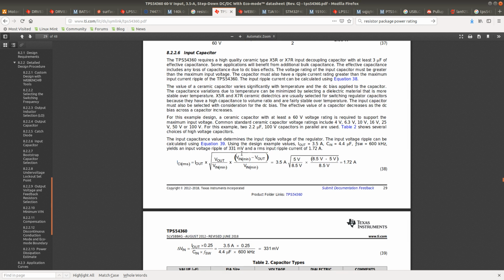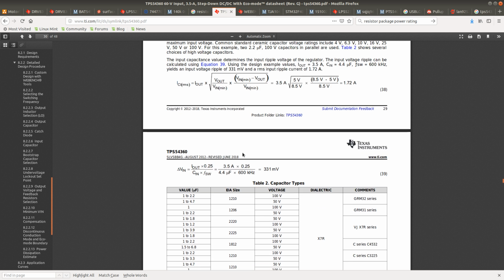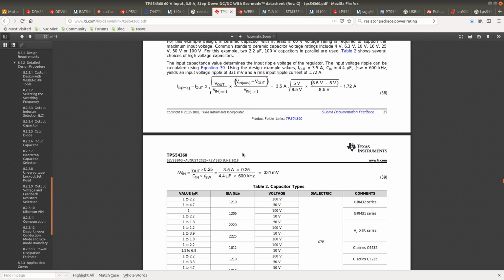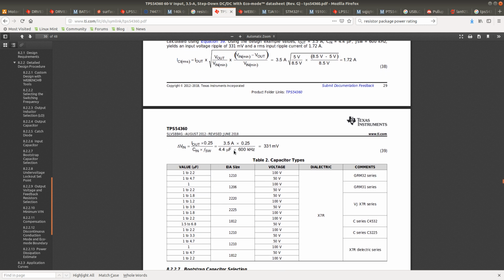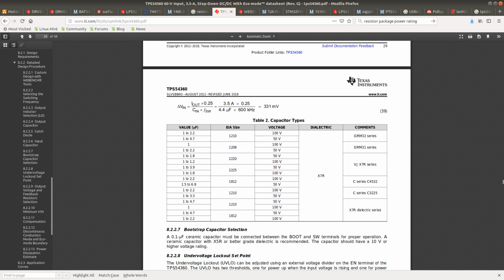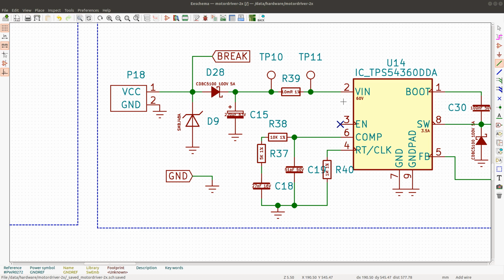Do we have the input capacitor somewhere? How do we calculate the input capacitor? Okay, we just choose the input capacitor basically, and we get our voltage ripple there. So let's see what we have in terms of input capacitors.